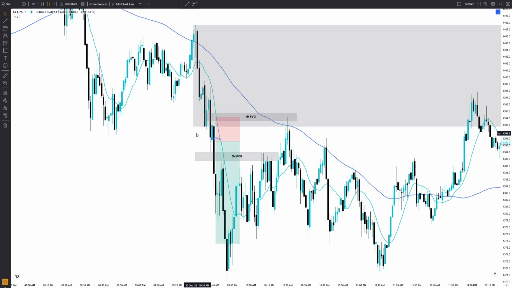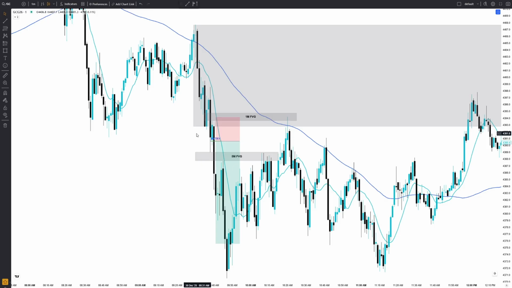A 1 minute fair value gap confirmation will be my 5 minute fair value gap being formed. You do not, I repeat, you do not have to wait for the 5 minute candle to close. You should just be able to see that it is a 5 minute fair value gap being formed.